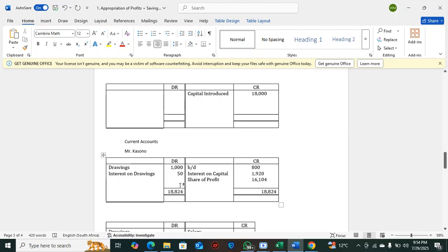Our balance carried down is brought on the lower side. Balance carried down.